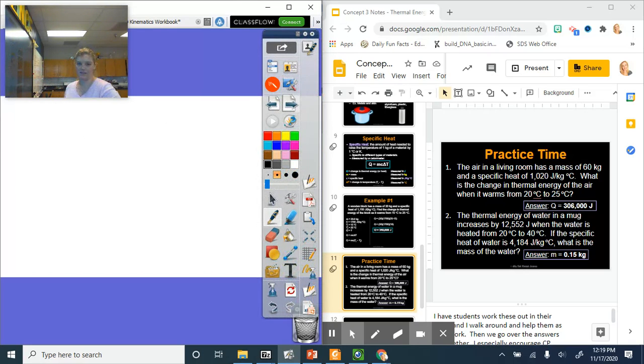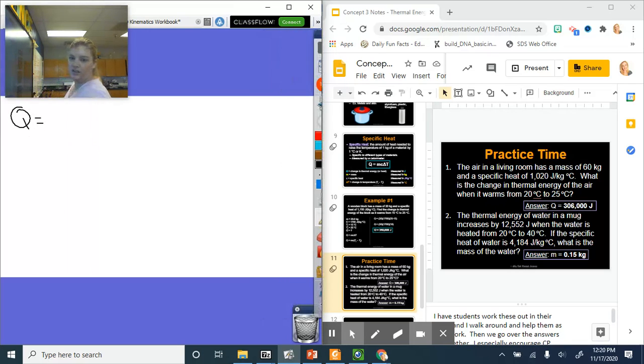Now let's move on to the next problem. The thermal energy of water in a mug increases. So my change in thermal energy is increasing by 12,552 joules when the water is heated from 20 to 40 degrees Celsius.